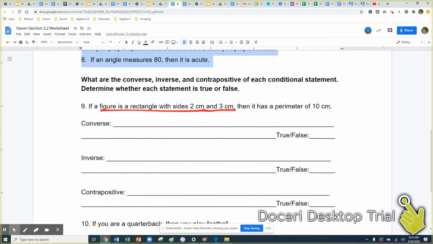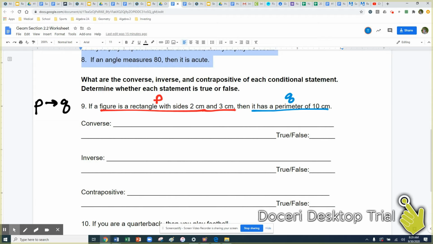That's going to represent our hypothesis. Then it has a perimeter of 10 is going to represent our conclusion. So that statement would be represented as if P, then Q. So using those two variables, P and Q, for the hypothesis and conclusion, that would be if P, then Q.